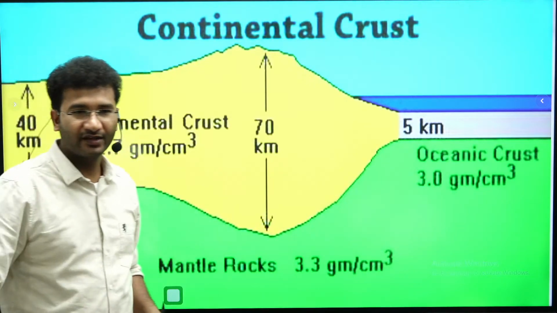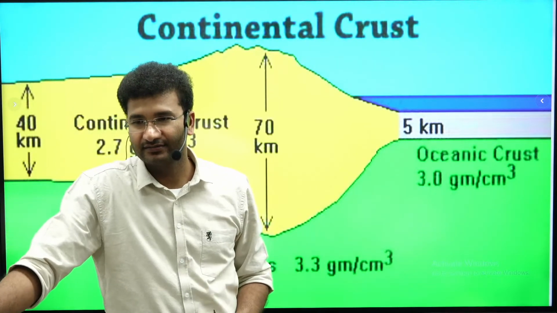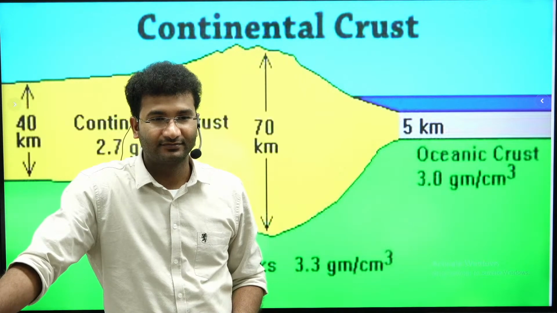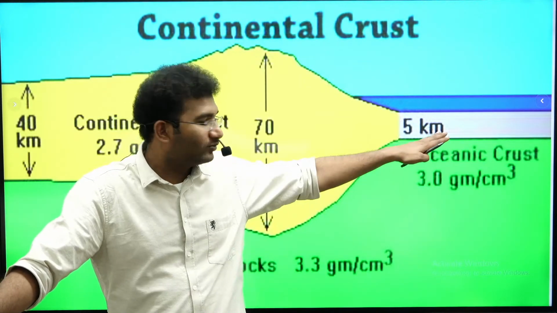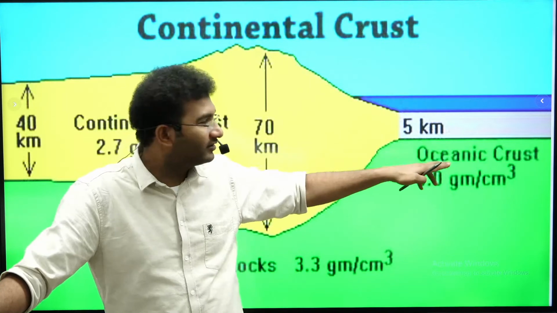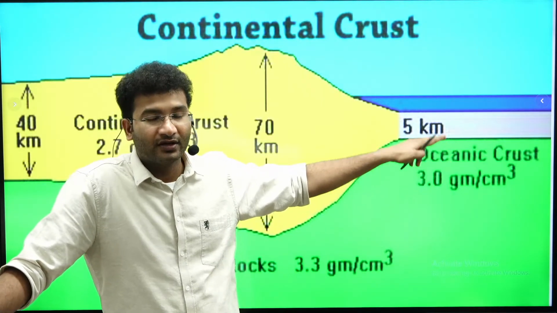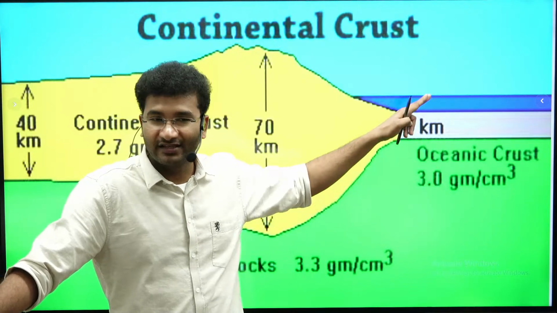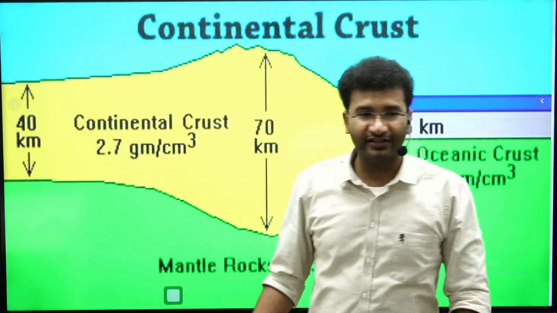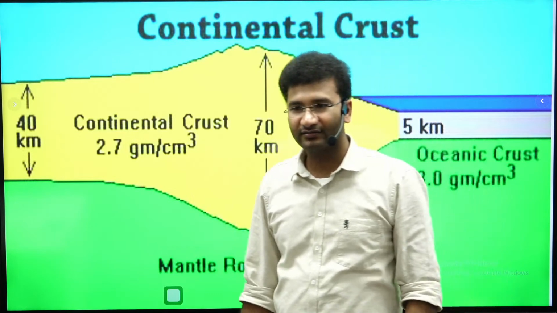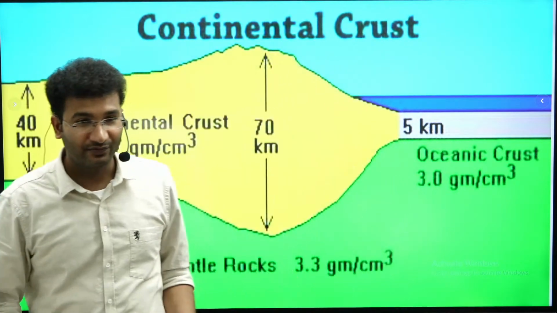Why, if the oceanic crust density is higher? ये तो ठीक है, चाहत ने ये बताया सर यहाँ पे बसाल्ट का रॉक होता है. बसाल्ट का रॉक हो तो यहाँ पर क्यों डेंसिटी हाई? We generally think that the continents are stronger, right?